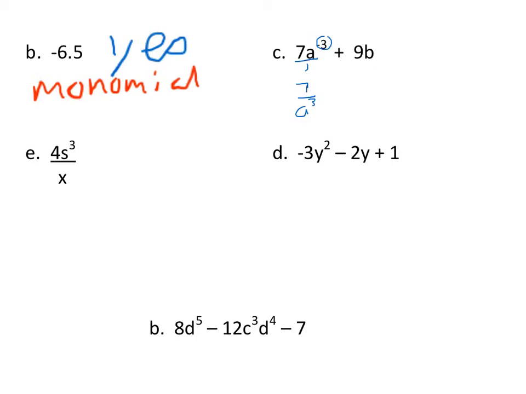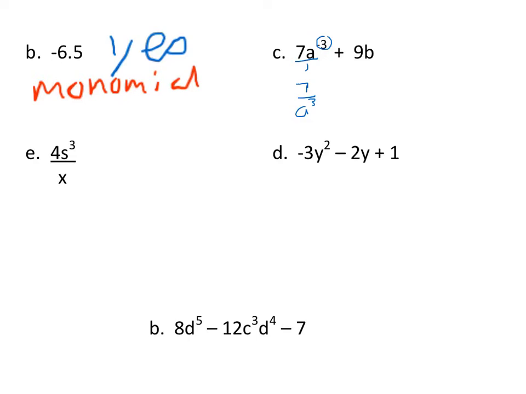Now, because there's a rule that says you cannot have a variable in the denominator, it does not qualify to be considered a monomial. Therefore, it is not a polynomial, because a polynomial is a collection of, by addition or subtraction, monomials.